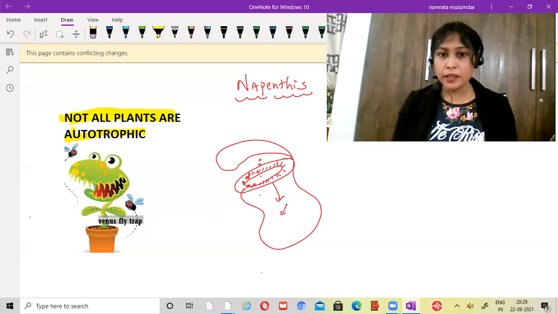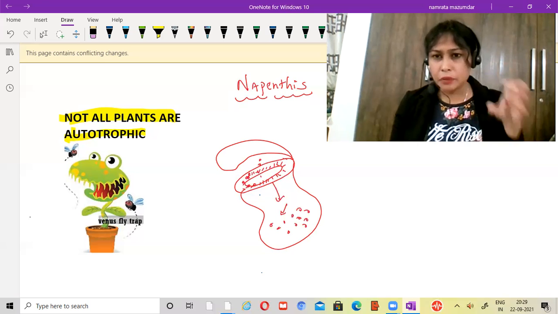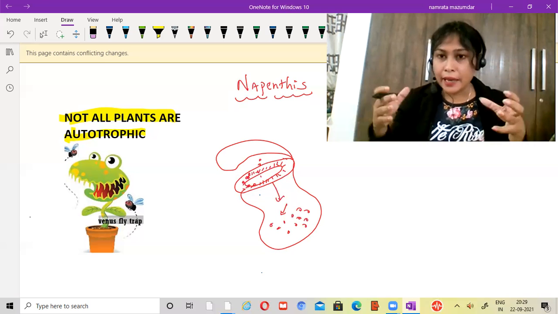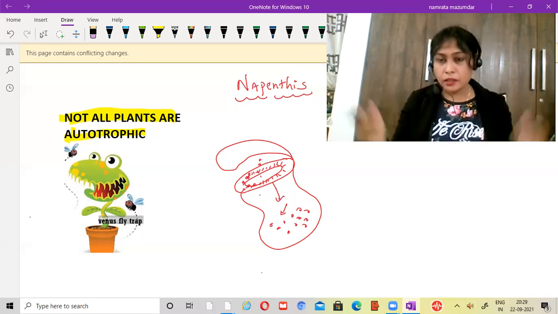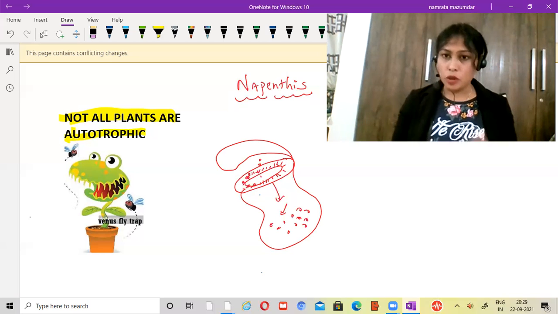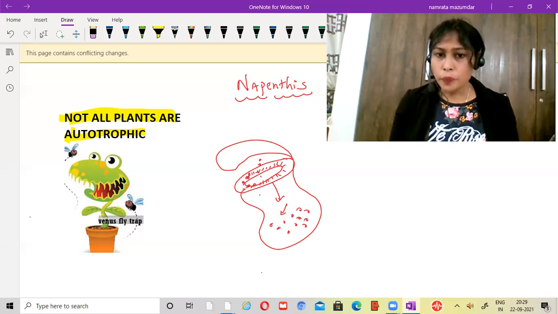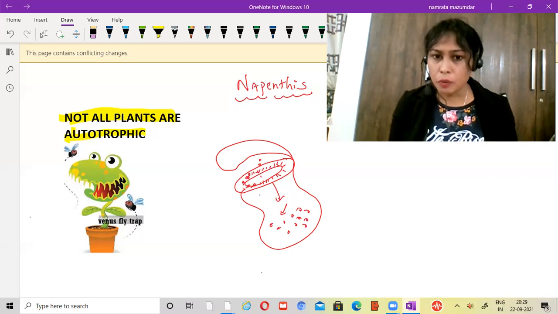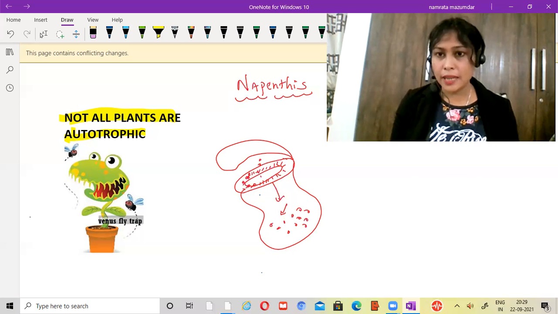In their body, digestive fluid is secreted, and the digestive enzymes attack the insects and they get killed. After digestion takes place and absorption, all the nutritive substances are absorbed into the body of the plant, like nitrogen, potassium, and phosphorus, NPK.